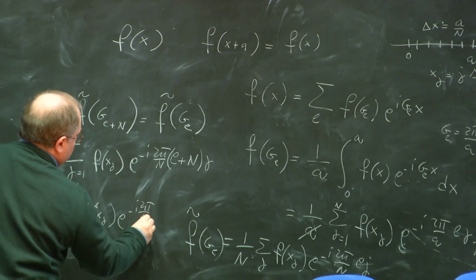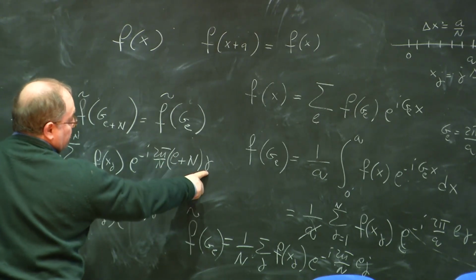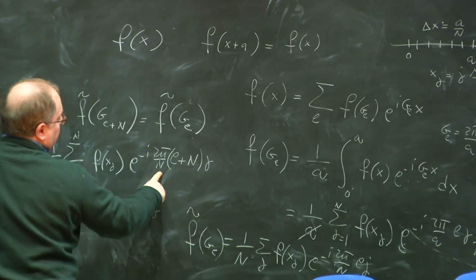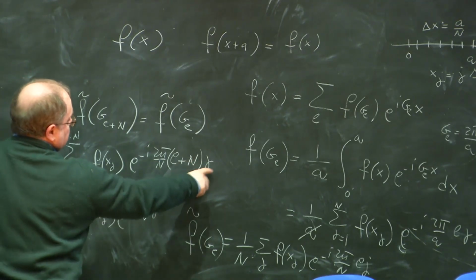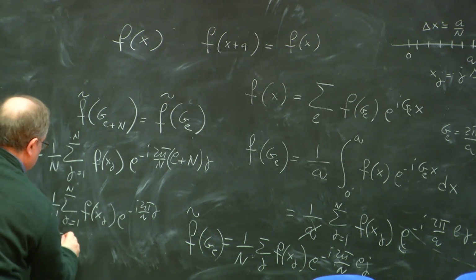Pi over n, j. And then here there is 2 pi j, n and then simplify. And 2 pi j, this is an integer, so it is equal to 1. So this is equal to f tilde of GL.